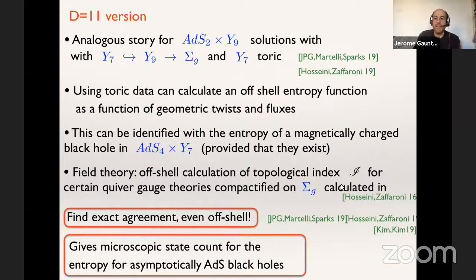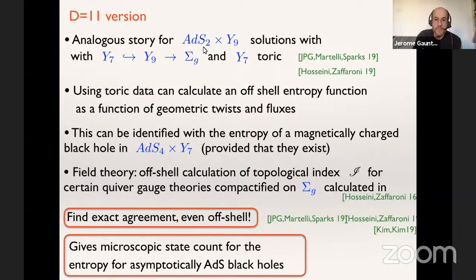In the field theory, I mentioned this extremization of Hosseini and Zaffaroni. For certain quantum field theories precisely of this form, four-dimensional field theories wrapped on a Riemann surface, they said there is an extremization principle. It agrees exactly with the geometric version that we just stated.